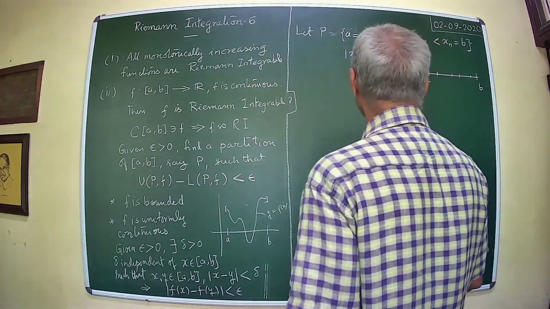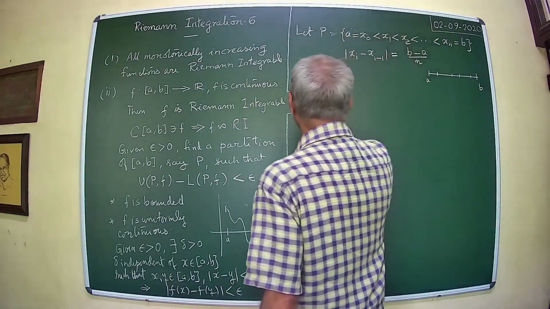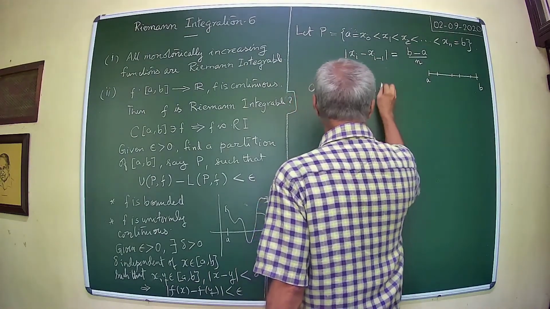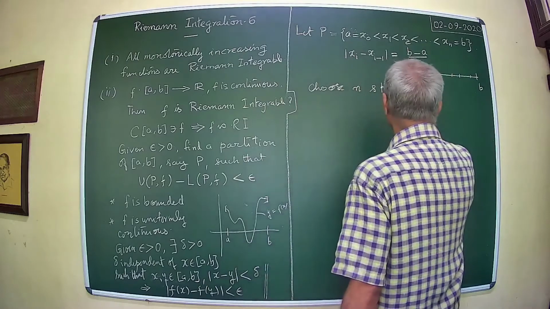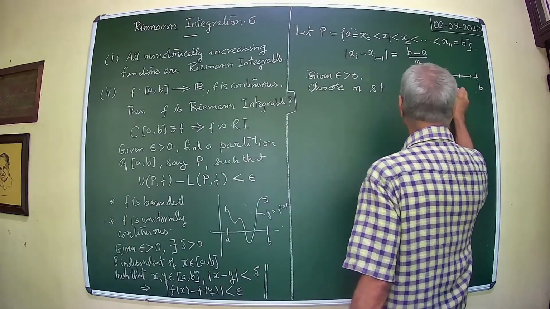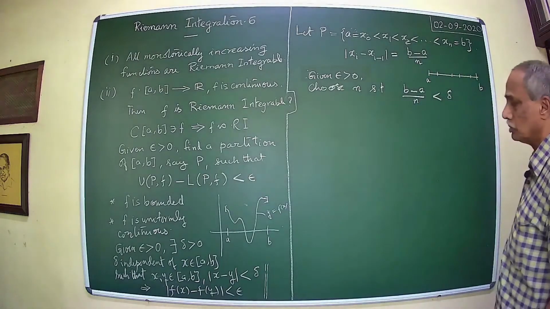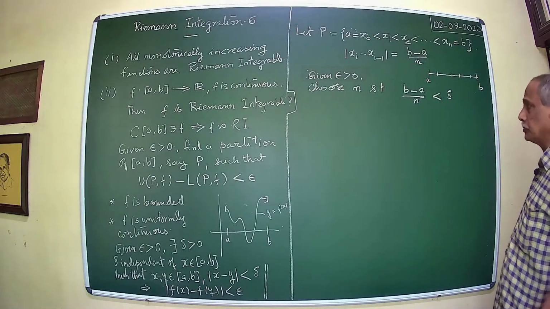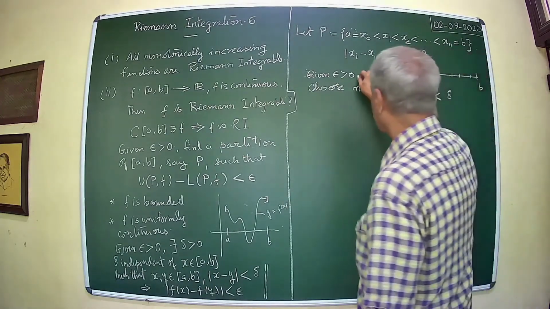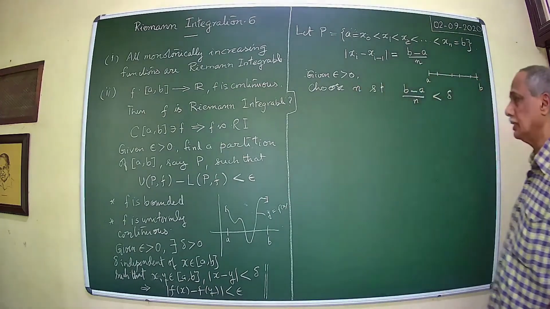So set n so that b minus a by n is less than delta, that is the delta that we have chosen for the corresponding epsilon. So delta is already there, the delta coming from the uniform continuity.